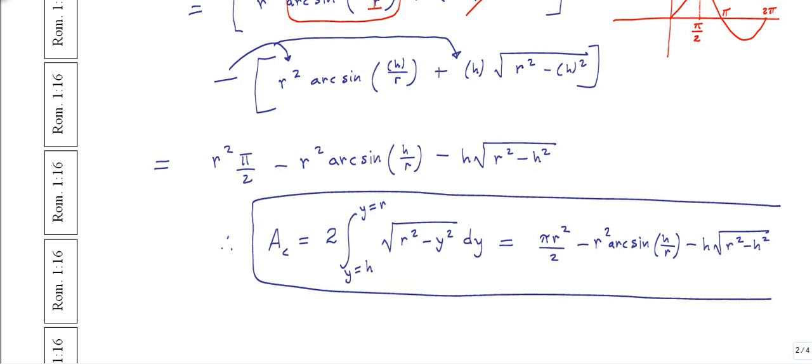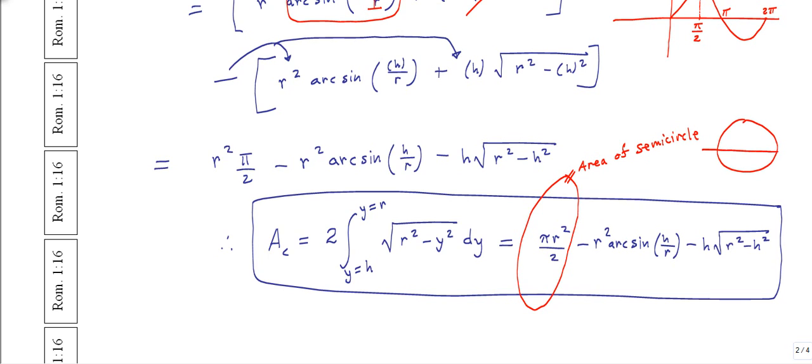And let me just draw our attention to something important here. Before we leave this, you'll notice that this term right here is just the area of the semicircle, right? So if I were to draw the circle, and we had a chord up here, and this is the area of the semicircle, meaning if I were to do this in red, it would be all of this stuff.